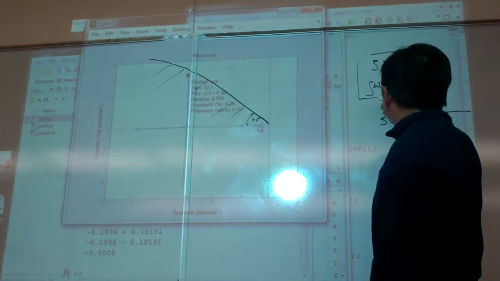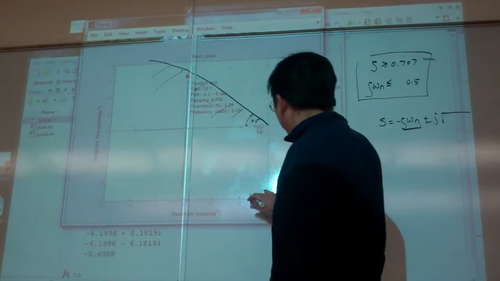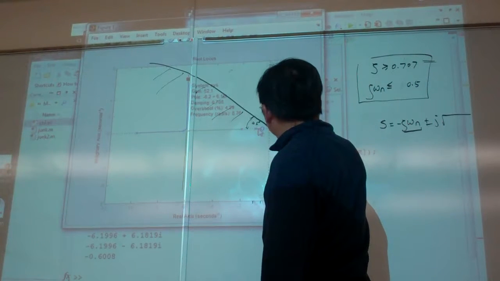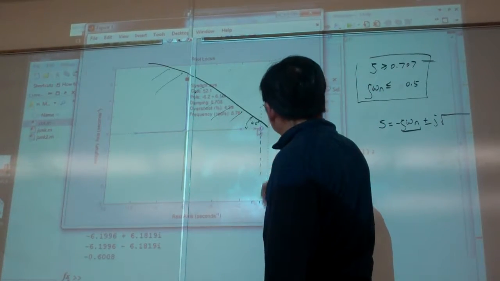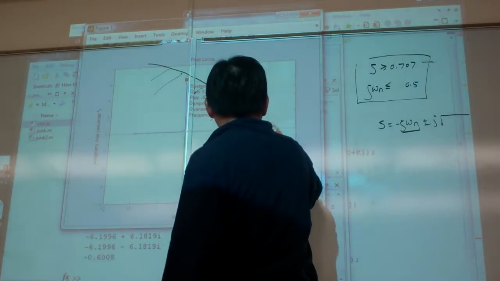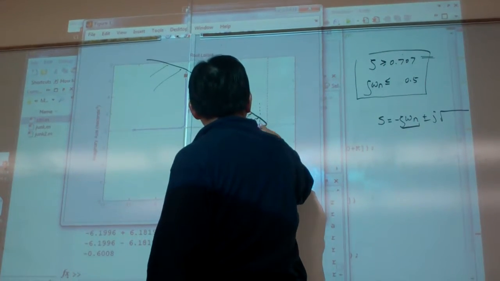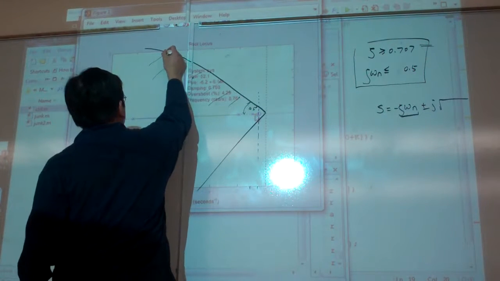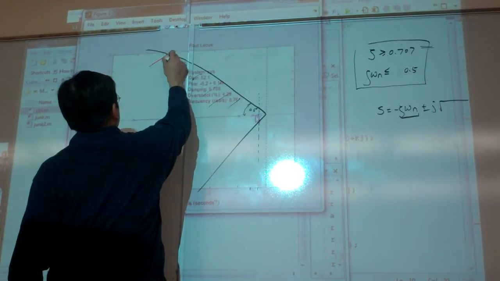For this one, the real part is less than 0.5, so here is 1, and here is 0.5, so that would be here. So that means this is our design range. Let me highlight the design. Our design range will be in here.